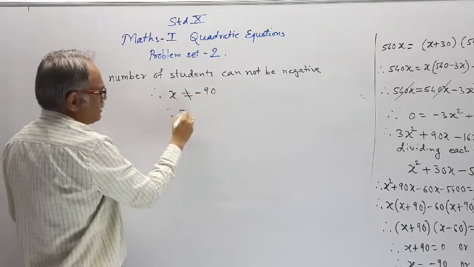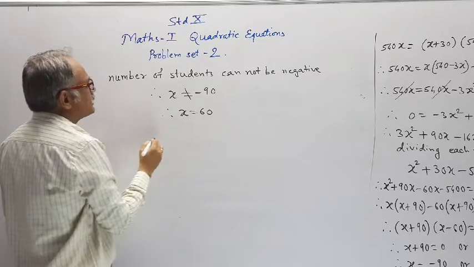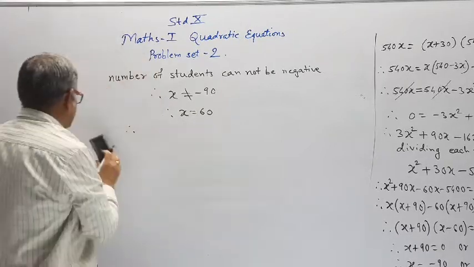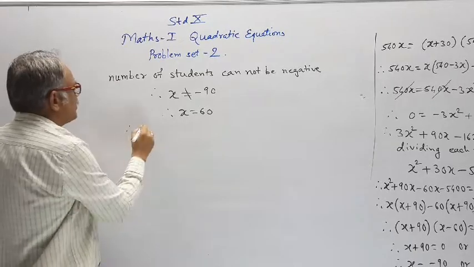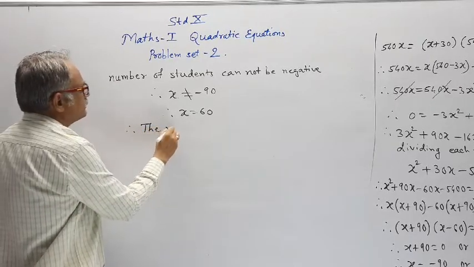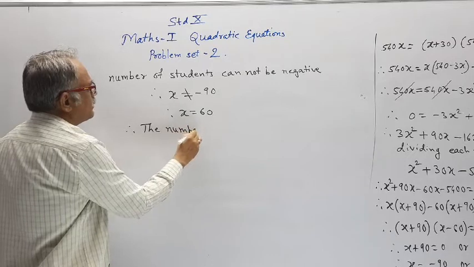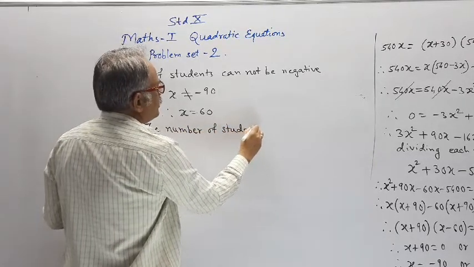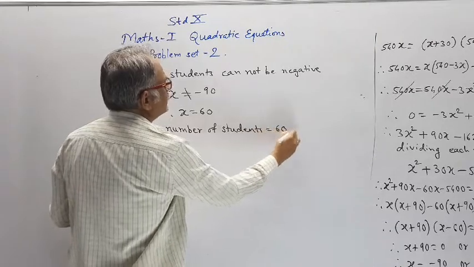So x is only and only 60. 60 is the number of students present on that day, so the number of students is 60. Now we will check it.